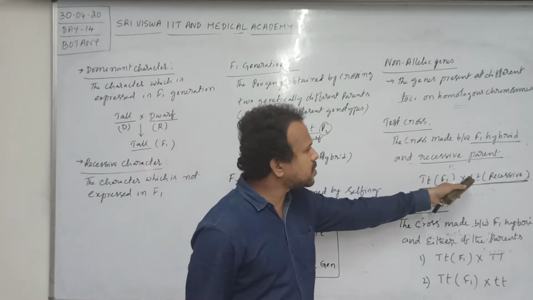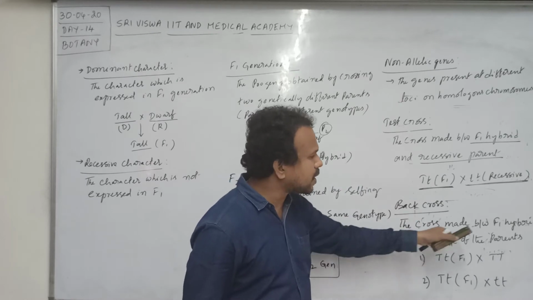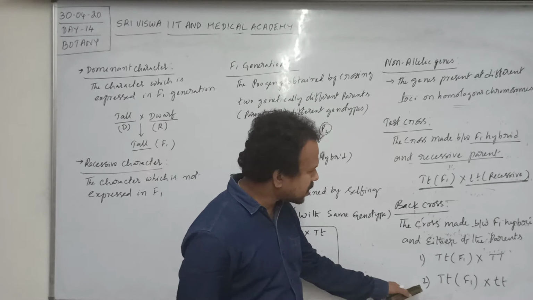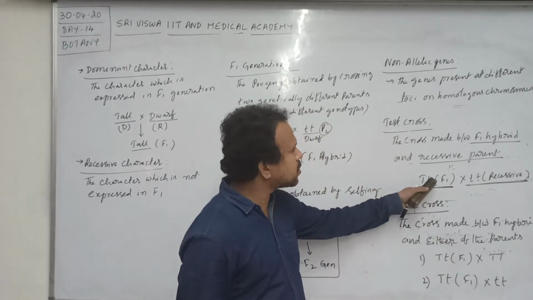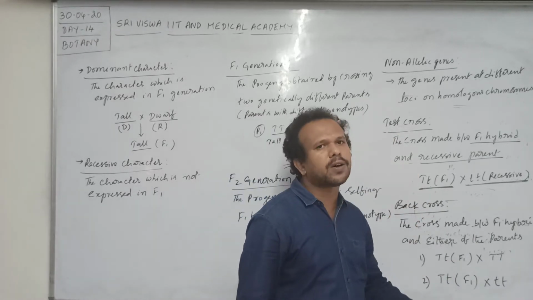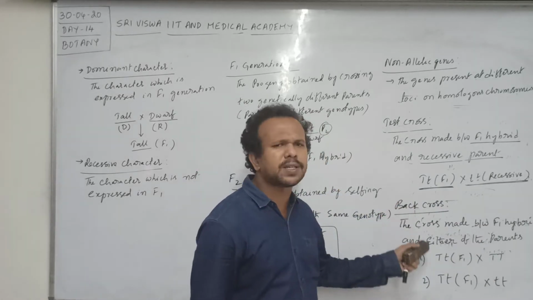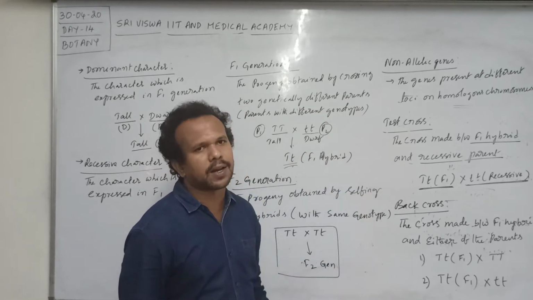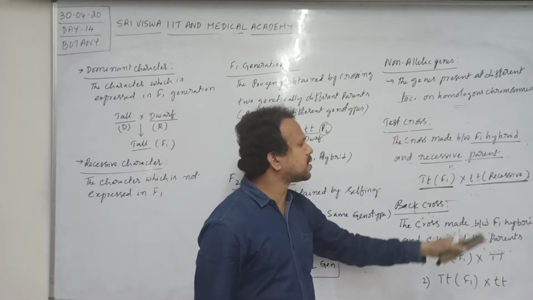When F1 is crossed with only recessive parent, that is test cross. When F1 is crossed with either dominant or recessive parent, that is said to be back cross. Generally, the recessive parent involved in back cross is also involved in test cross. So test cross is also a back cross. Test cross is an example for back cross. However, we will discuss it in detail in further classes. Here focus on just terminology. What is test cross? The cross made between F1 hybrid and the recessive parent.